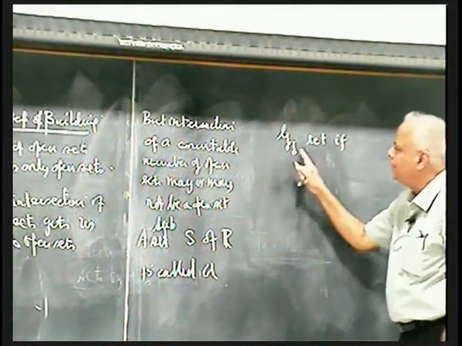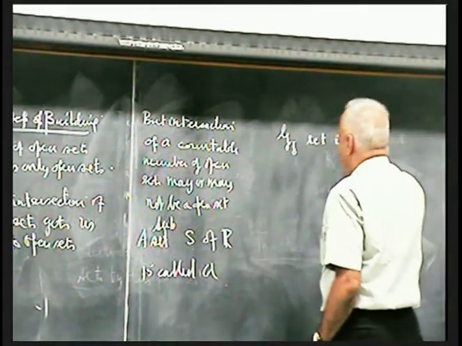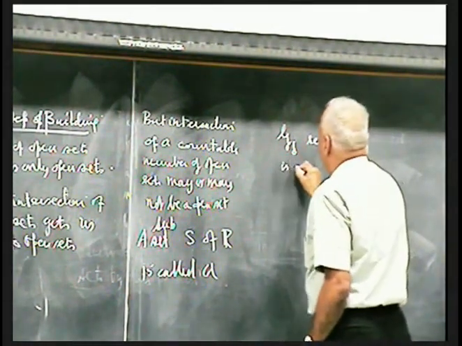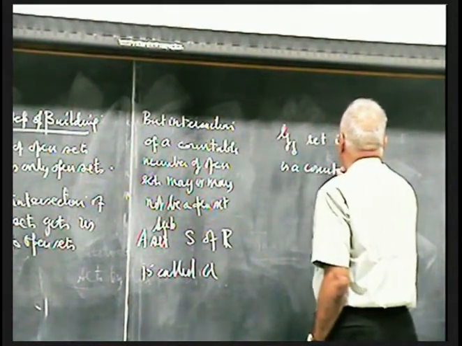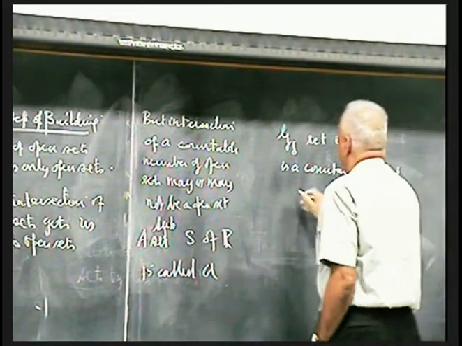So G delta means an intersection of open sets, but only countable. All these are countable. If it is a countable intersection of open sets.